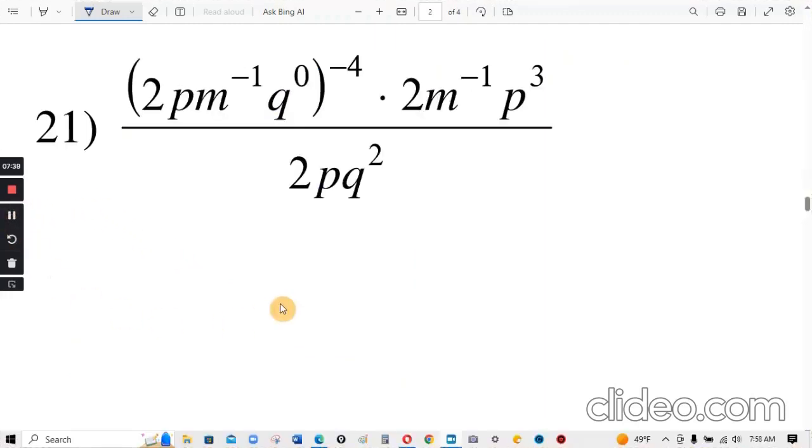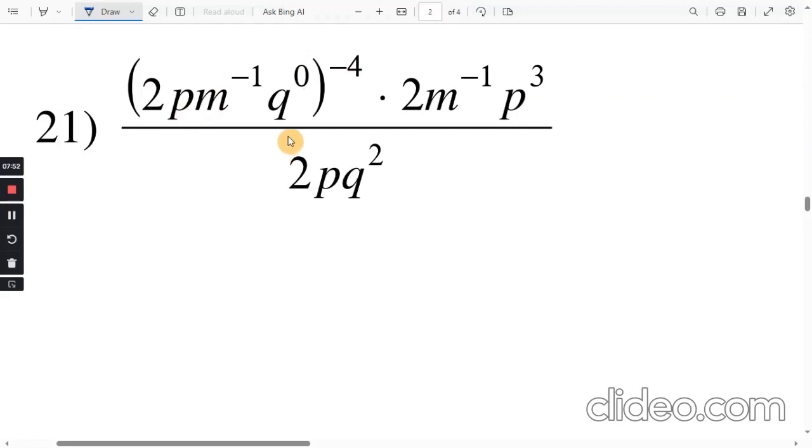All right, number 21. Like I keep saying, you can certainly distribute this negative 4 if you want to, but I would rather make it positive. So I'm going to take this whole thing and move it to the denominator. In the denominator, we have 2p squared.